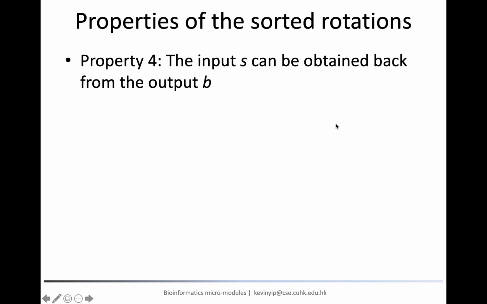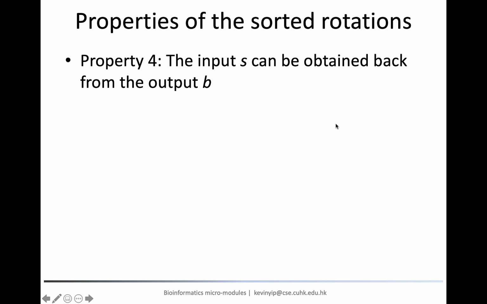We now study another interesting property of the sorted rotations, which is getting S back from B. Before discussing how this can be done, we should first discuss the invertibility of BWT. In other words, given a sequence B, is it always possible to get a sequence S such that B is the BWT of S?